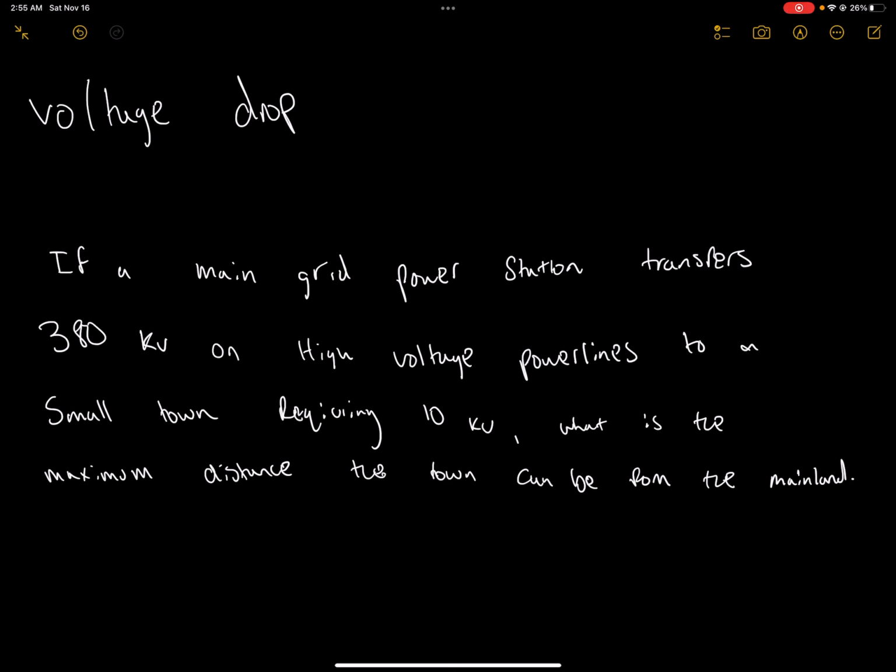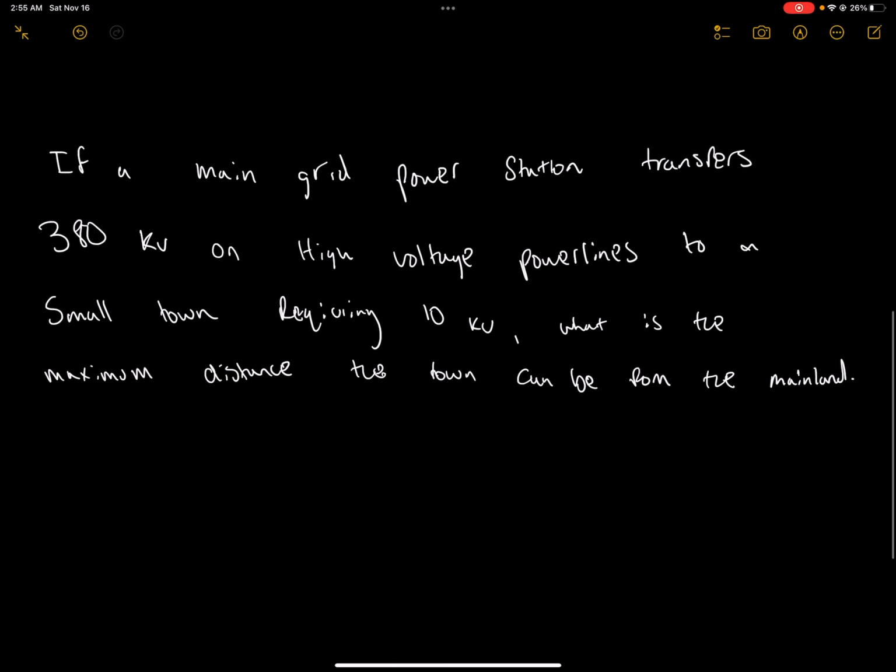And now there are a few more factors that we need to understand in order to calculate the distance that this small town can be from that grid and still achieve the 10 kilovolts needed. I will give you some background about the high voltage power lines.